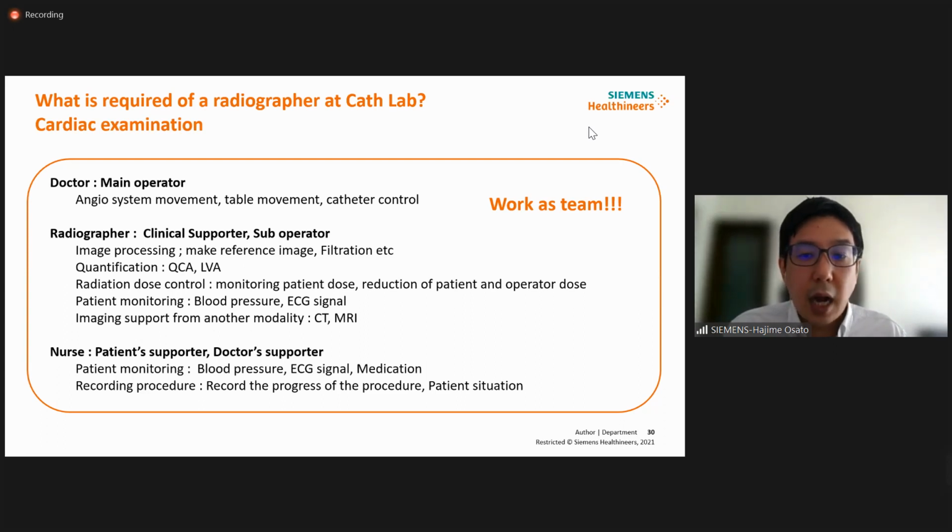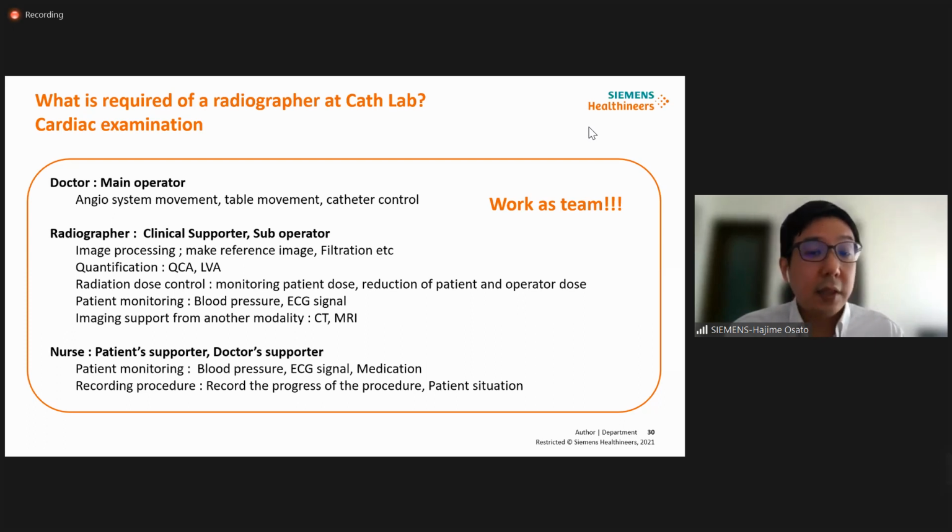All right. How about cardiac examination? The main structure is the same as neuro. The doctor is in charge of CM and table movement and catheter control. The nurse also does patient monitoring and doctor support. In terms of the radiographer, image processing like difference image creation, filtration and correlation.